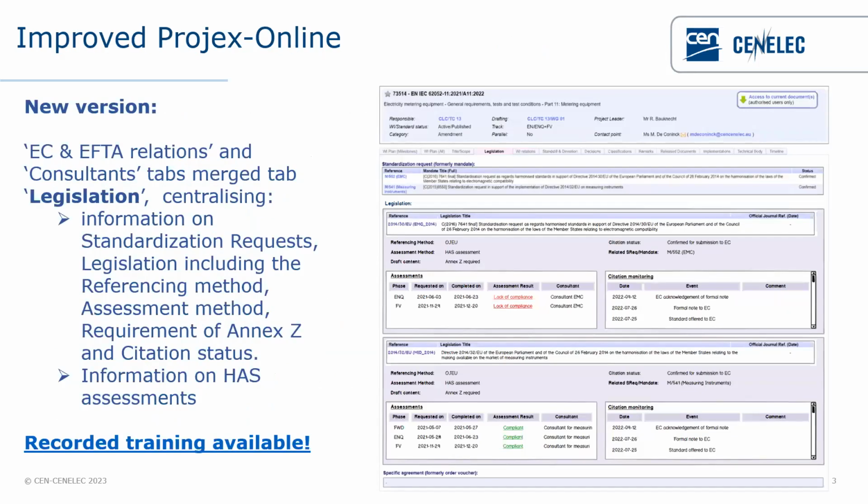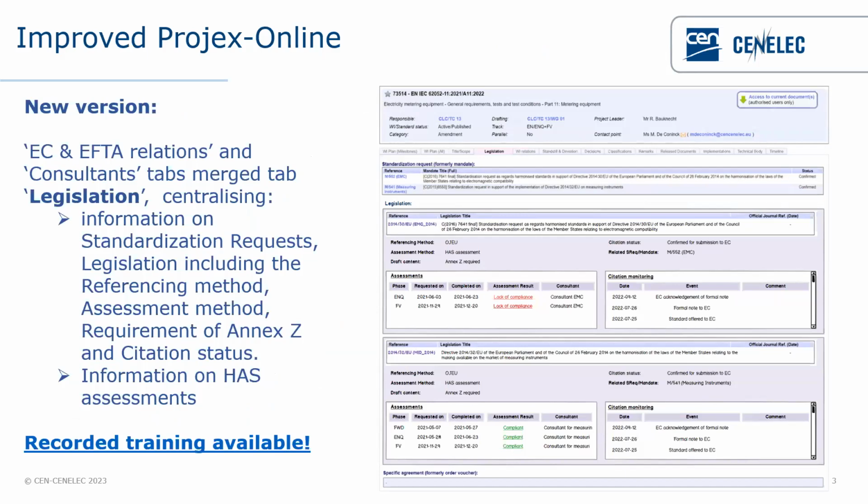In order to help have all relevant information in a single tab, Project CEN Online has been improved. I hope all of you as TBOs have had the occasion to look at the new tab on Project Online.